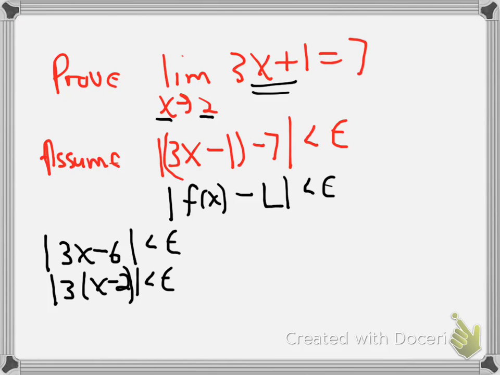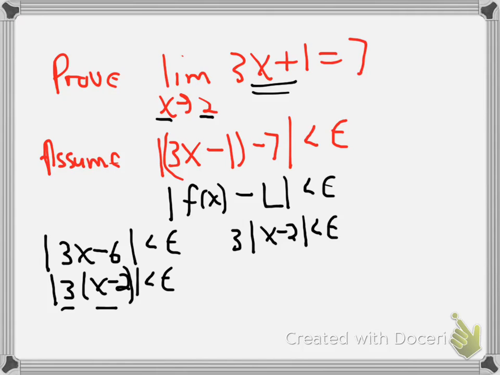A property of absolute values is that I can write this as the product of the two absolute values, in other words, 3 and x minus 2, and since the absolute value of 3 is just 3, this now can be written as 3 times the absolute value of x minus 2 is less than epsilon.